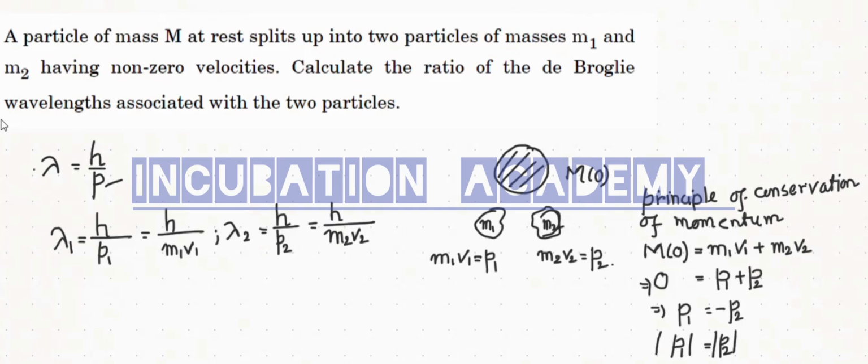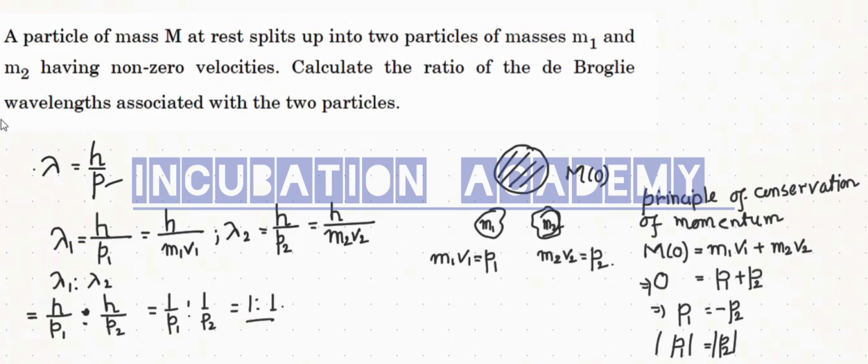Now if you take the ratio, lambda 1 is to lambda 2 gives you h divided by p1 is to h divided by p2. Since p1 equals p2, 1 by p1 is to 1 by p2 gives you 1 is to 1. So the ratio of the wavelengths for the two particles is simply 1 is to 1. Thank you all of you.